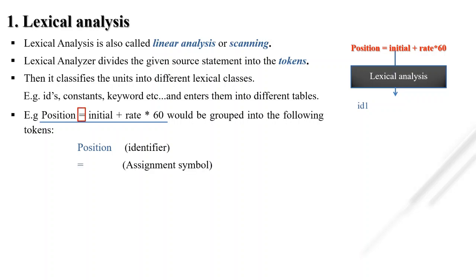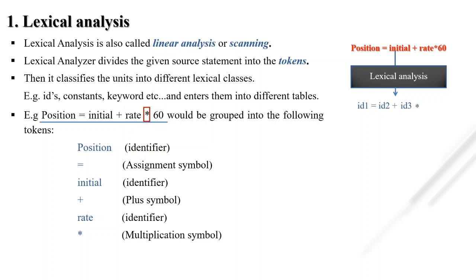Next one is assignment symbol, and then initial as an identifier as ID2, then plus symbol, rate as an identifier stored in symbol table as ID3 in third position, then multiplication symbol, and then constant, that is 60. So the lexical analyzer breaks the statement and classifies it into different classes, as you can see here.